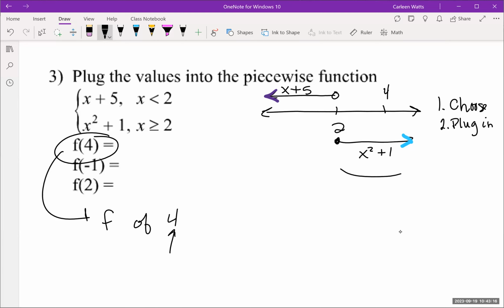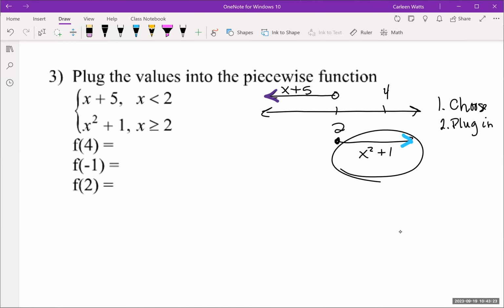Can everyone see that we plug into x squared plus 1? So 4 squared plus 1 is 16 plus 1 is 17.